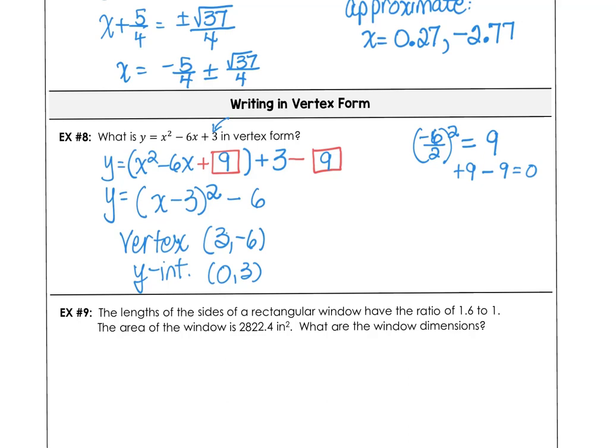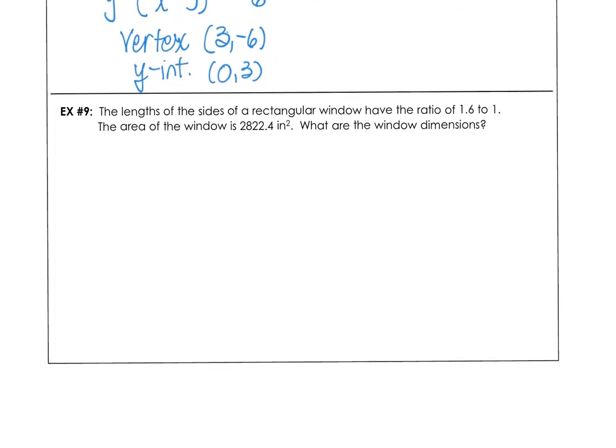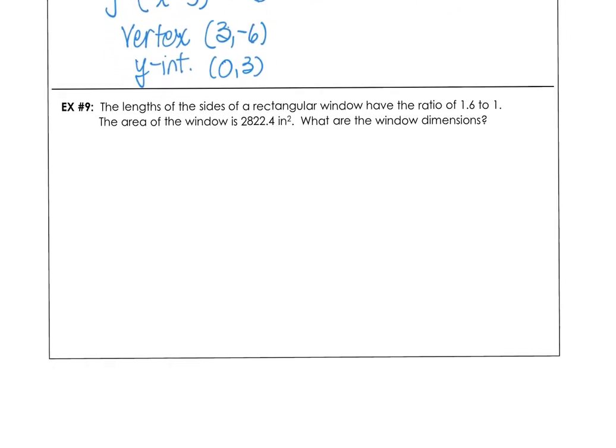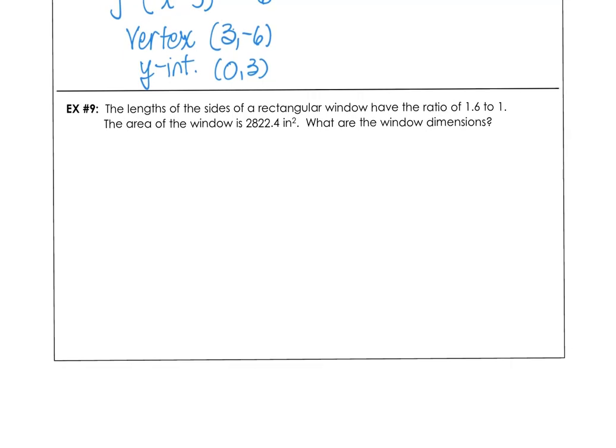Then our last example, you have the lengths of the sides of a rectangle. It's a rectangular window, and it has the ratio of 1.6 to 1. The area of the window is 2,822.4 square inches, and we want to know the window dimensions.